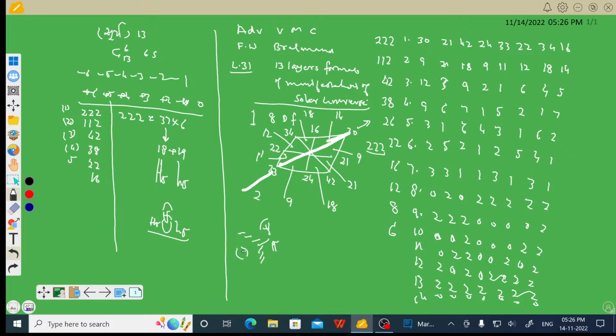That means 5 space content is flowing, and this 5 space content is manifesting within the creator's space, which has 8 cosmic windows.